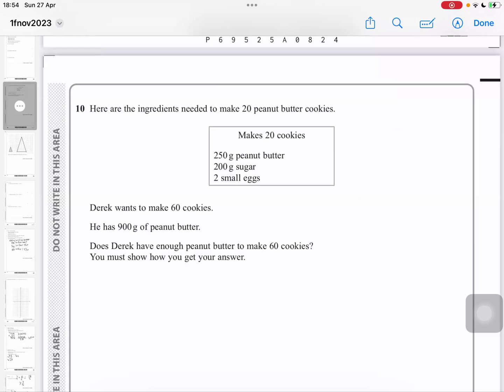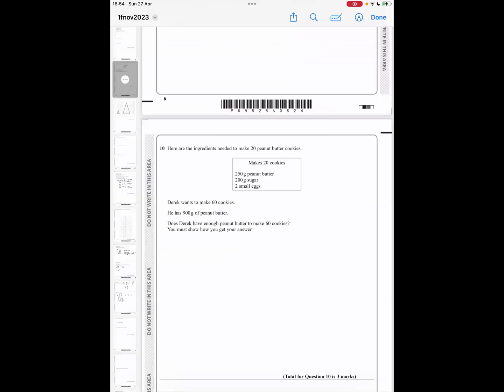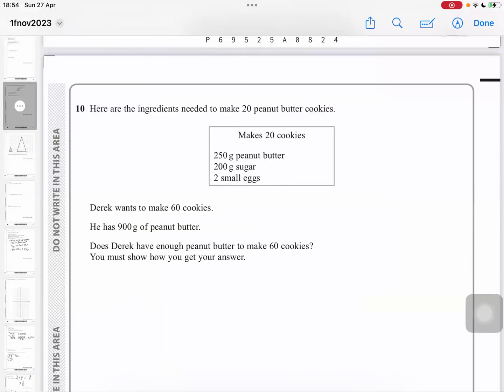Okay, it says, here are the ingredients needed to make 20 peanut butter cookies: 250 grams of peanut butter and other ingredients. It says Derek wants to make 60 cookies. So that's 3 times whatever he will need, right?